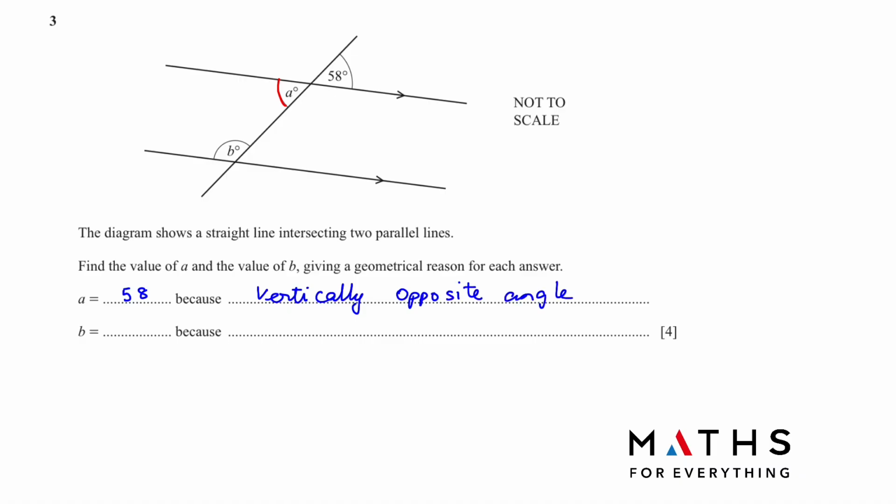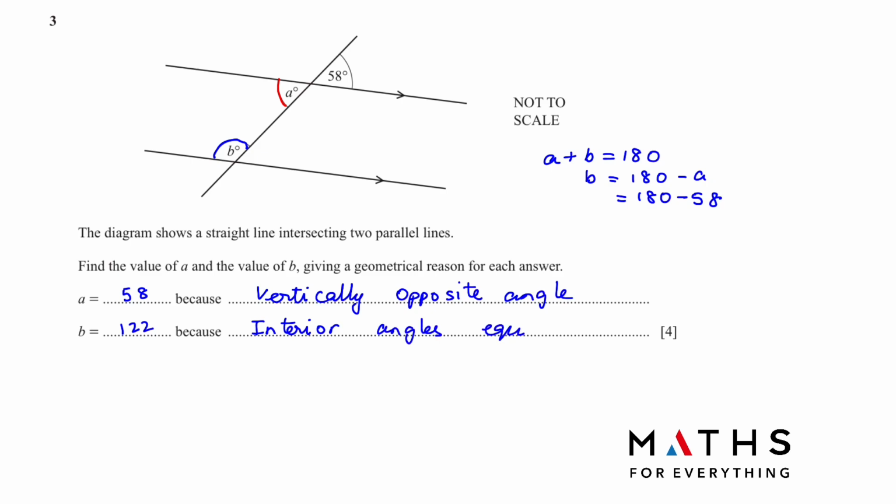B is going to be, A plus B is equal to 180. So to get B, we subtract from 180. 180 minus 58 will give us 122, because interior angles equal 180. Understood?